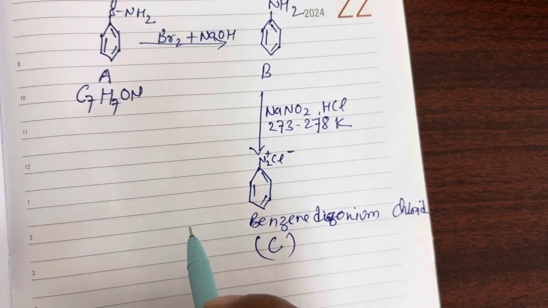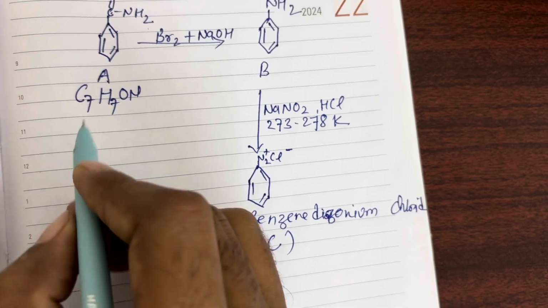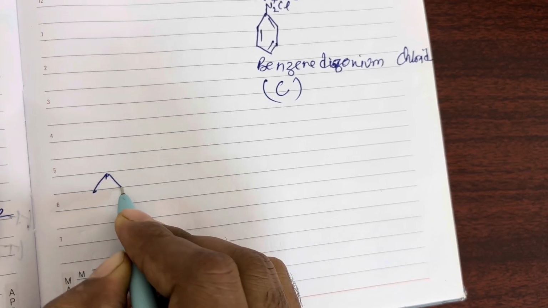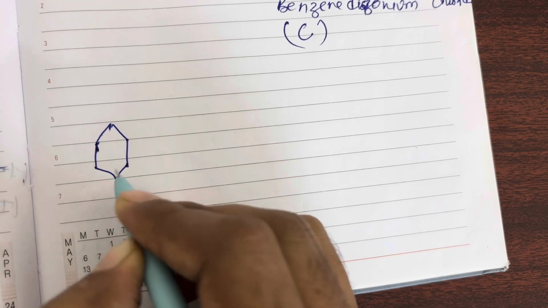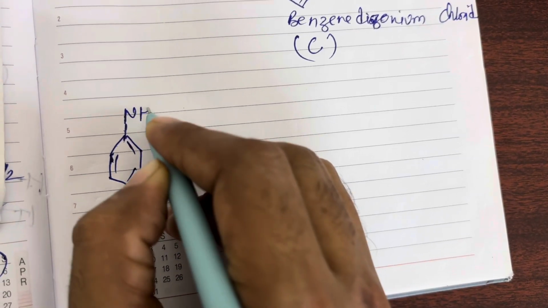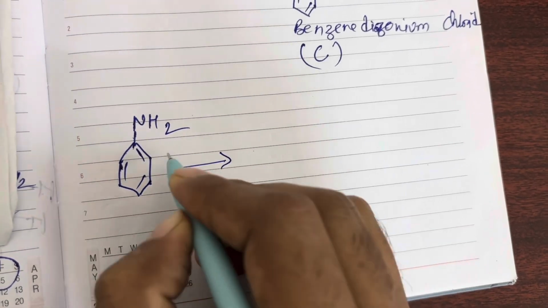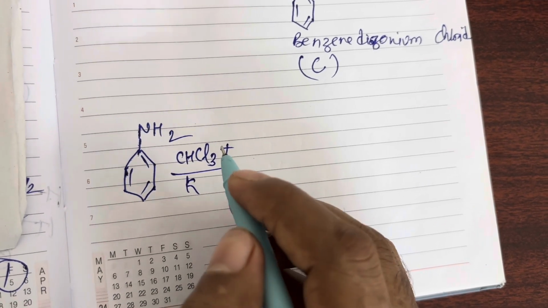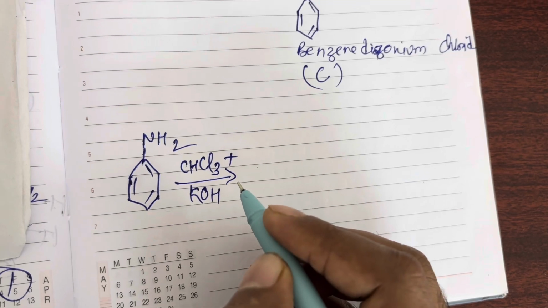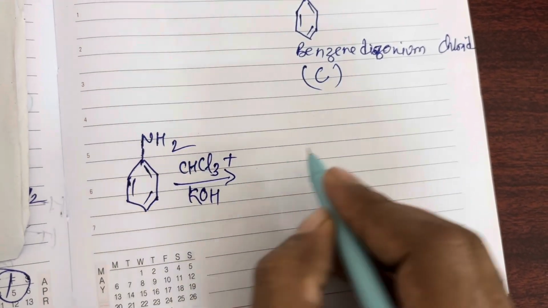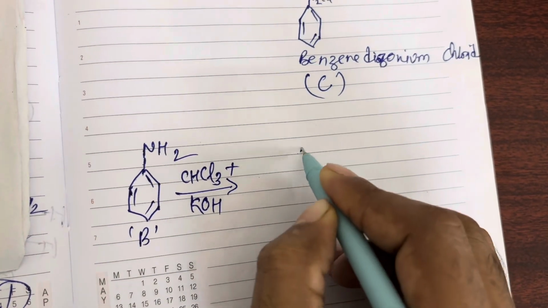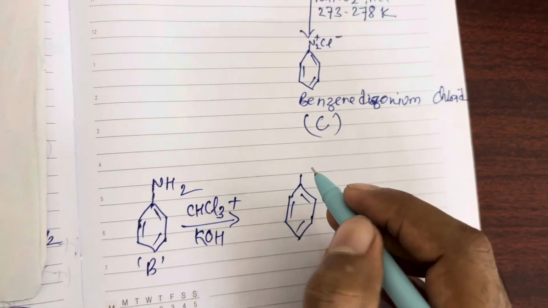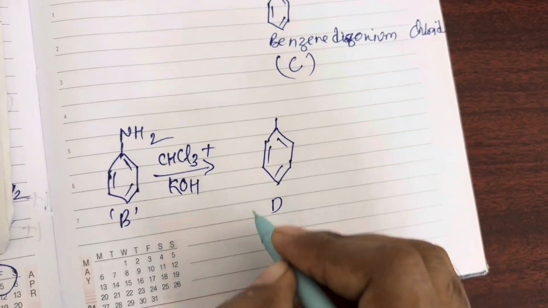B on treatment with chloroform, CHCl3, plus ethanolic KOH, forms compound D. And what is this reaction?